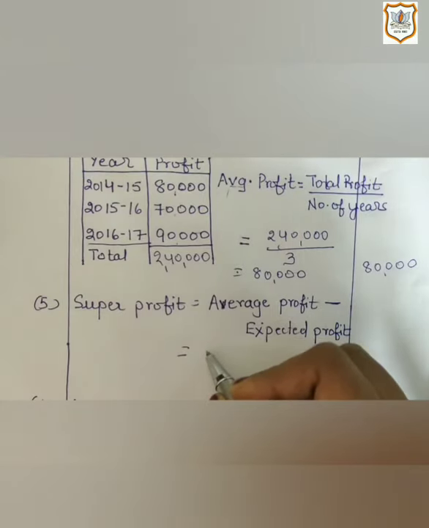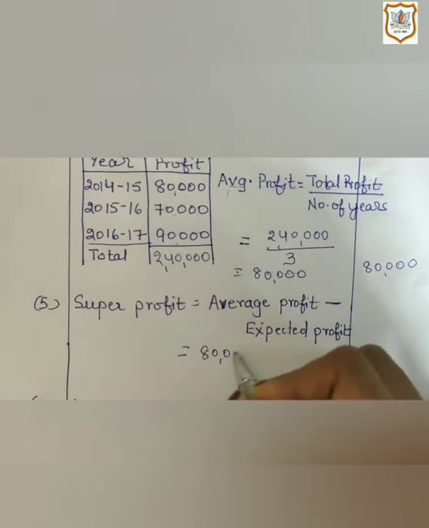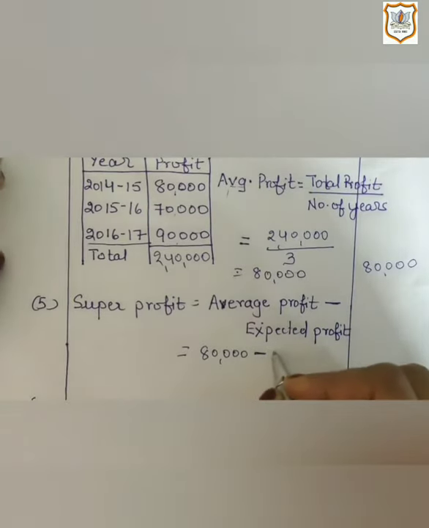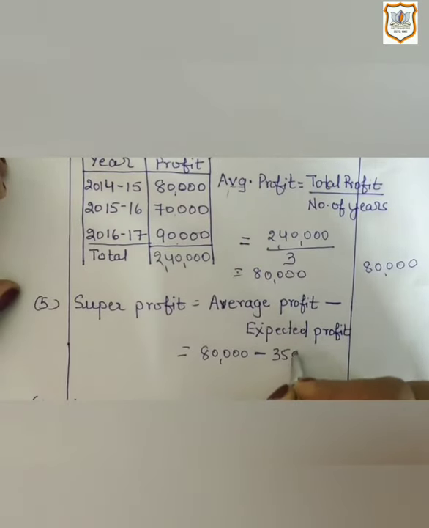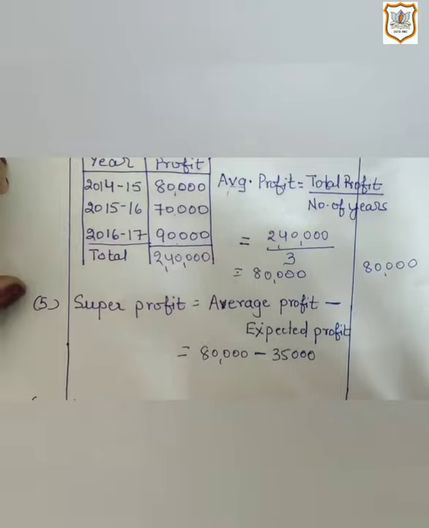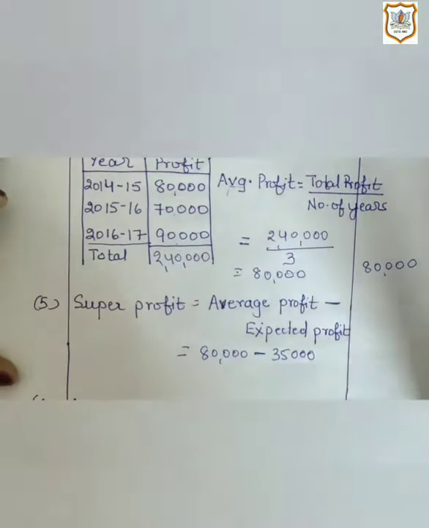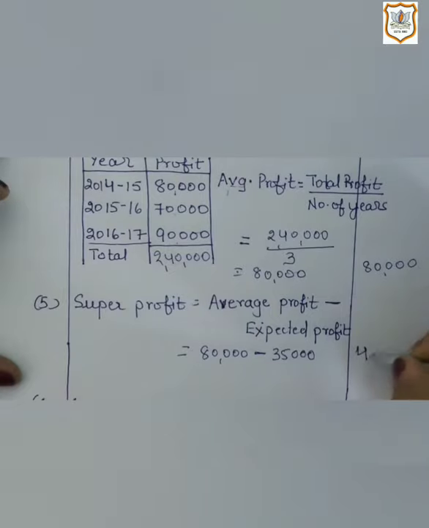Here average profit is 80,000 and we will deduct expected profit from average profit, which is 35,000. So we will get 45,000 as super profit.